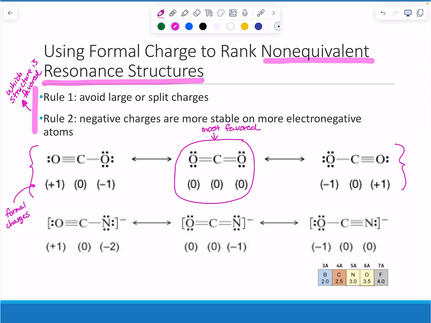Now we're trying to decide which one is the most favored. It's not this one because it has the biggest separation of charge. Not this. Too much separation of charge.